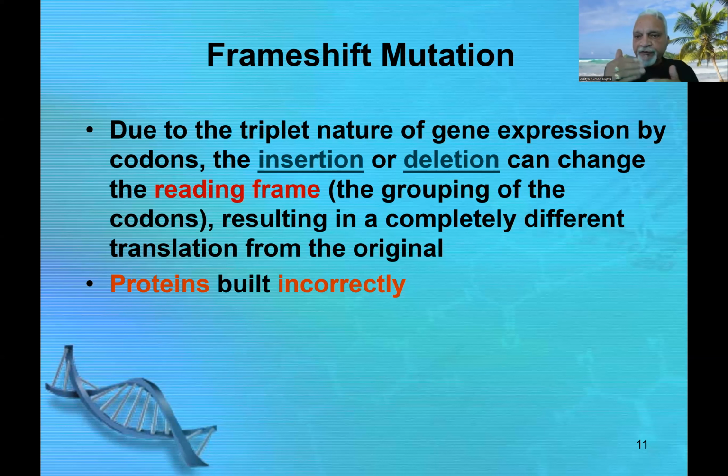The consequence of this change in reading frame is that the protein sequence, or the amino acid sequence after the point of mutation, is changed. And the changed protein sequence may make the resulting protein non-functional, affecting the phenotype.